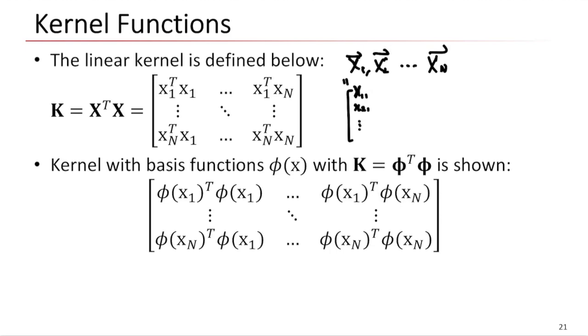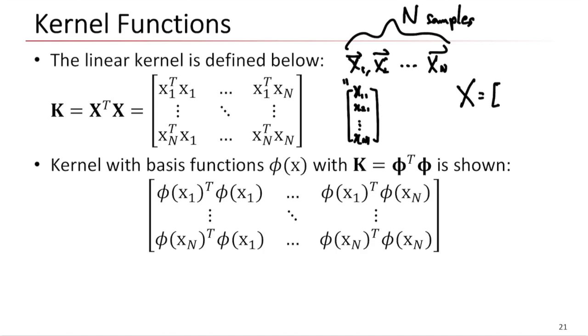x21 through xn1, something like this, right? Then let's say there are n training samples. In this case, we can make the matrix X by using those samples, something like x1, x2 through xn, like this.